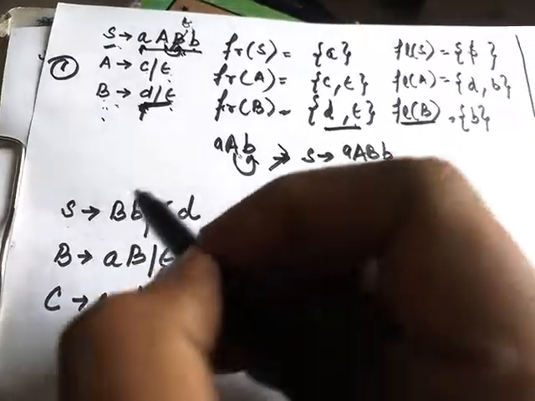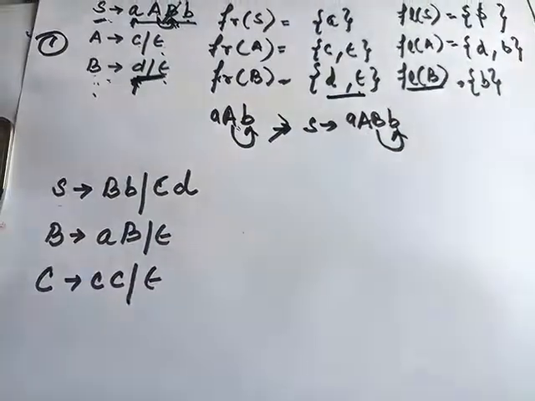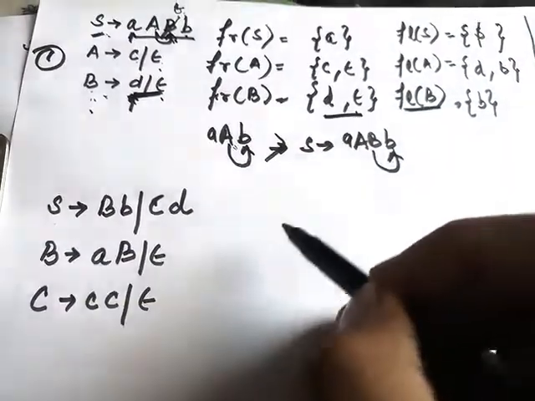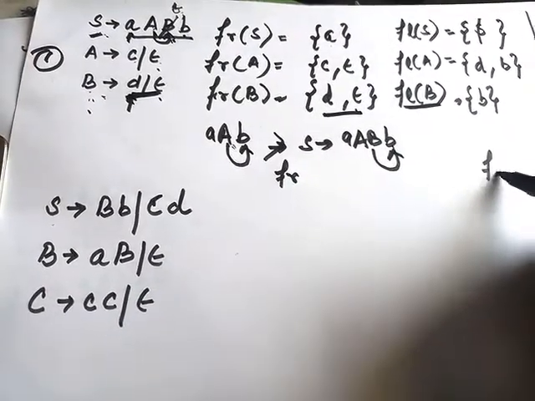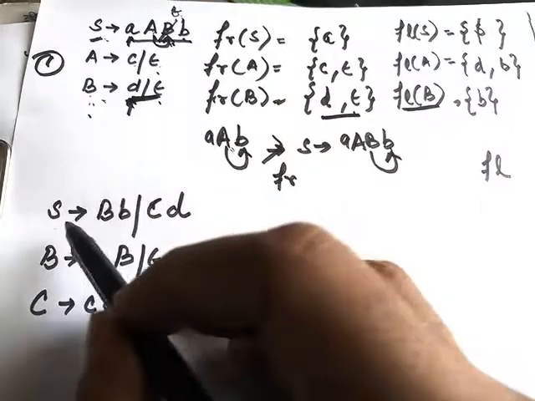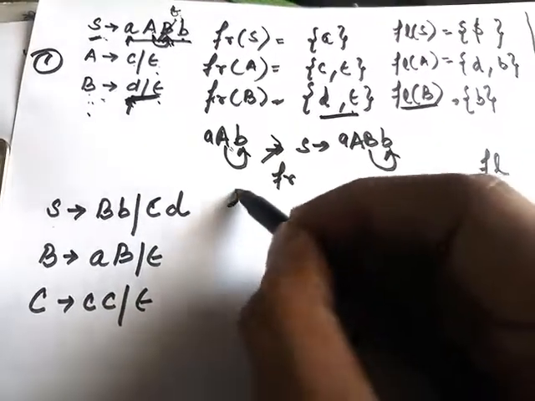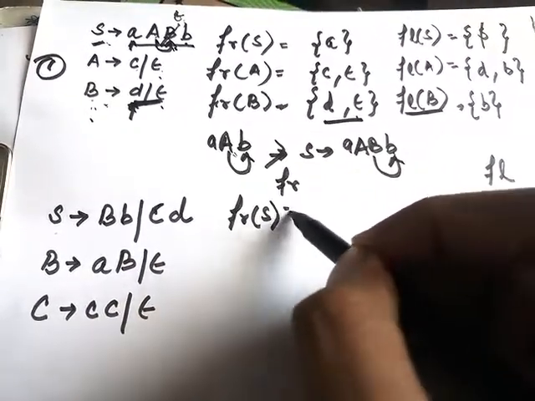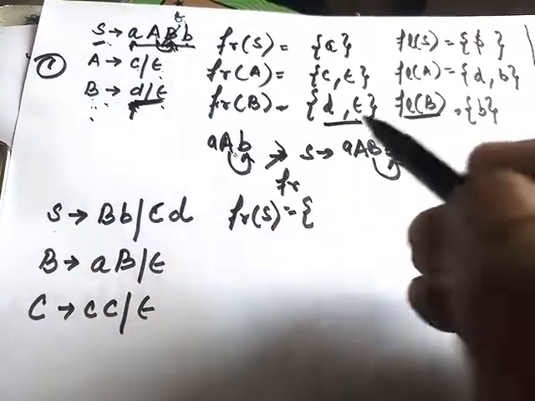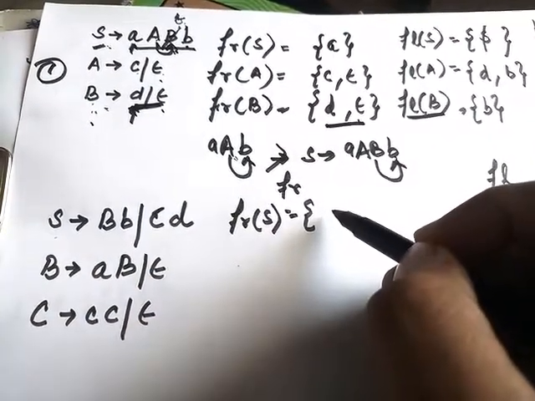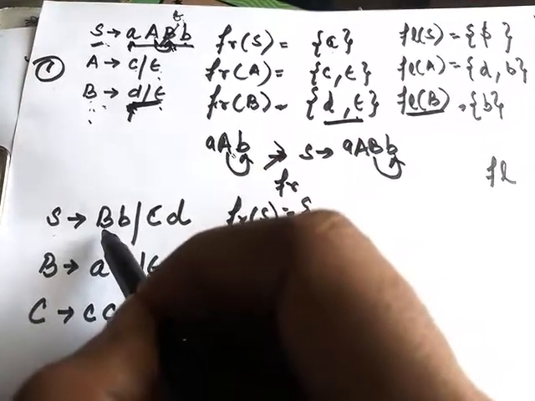Take another example. This is the grammar we have, and we have to find out first and follow. So first we will find out the first of S. Since S is a starting symbol, first of S is this one.